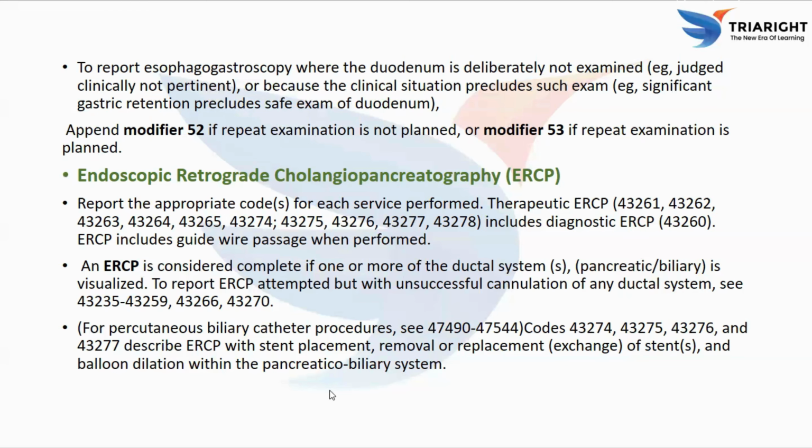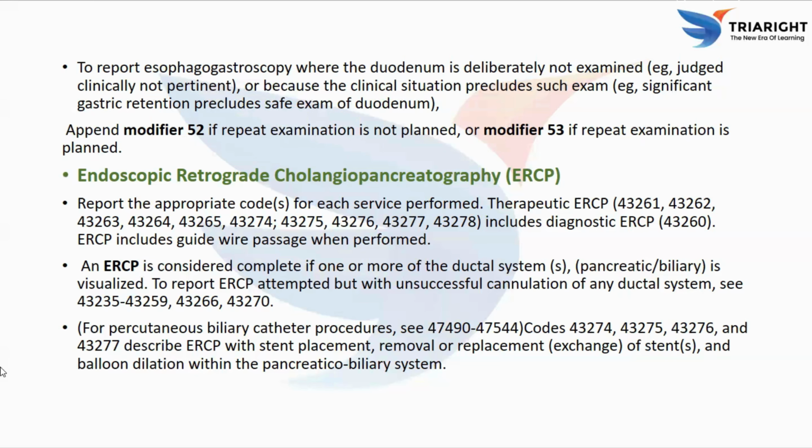Here is a guide wire rule. Guide wire passage is included, so never code it separately. So when is ERCP considered complete? When at least one ductal system is visualized, either the biliary duct system or the pancreatic duct system. Even if only one duct is seen, the procedure is considered complete.